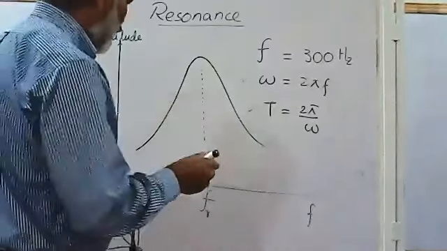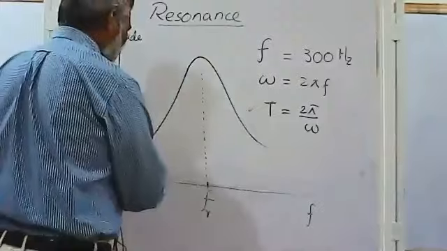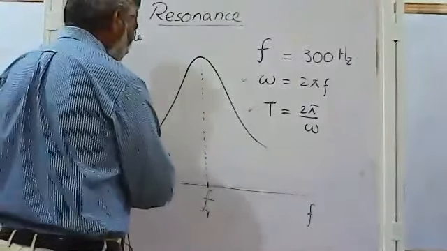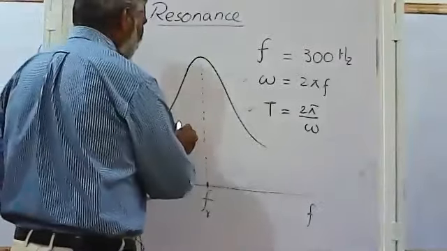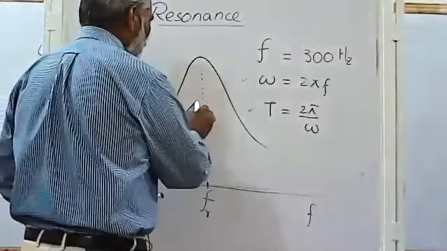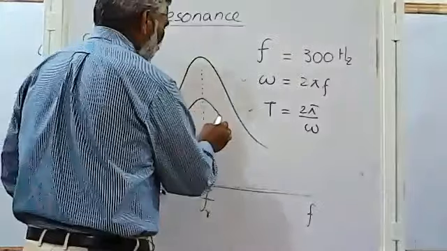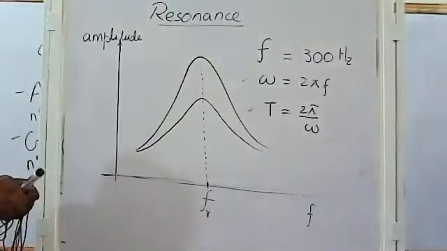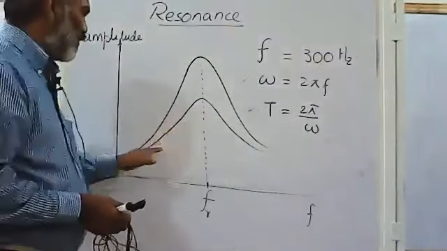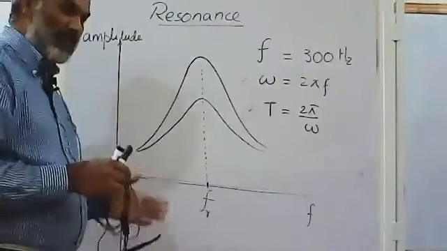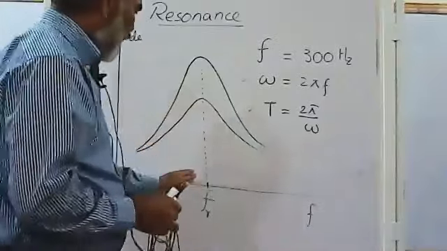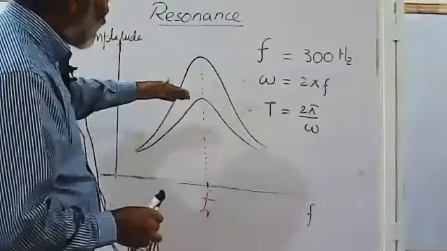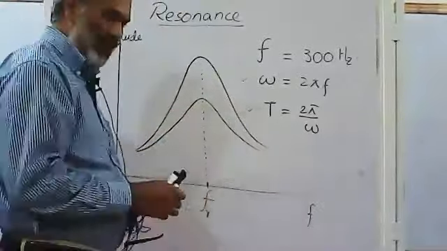Sometimes this curve has a slightly different shape, although it has its peak at the same position, but the peak is not that high. So what exactly has caused this shape of the graph? If it is the same system, it has the peak at the same position, but not that much height.